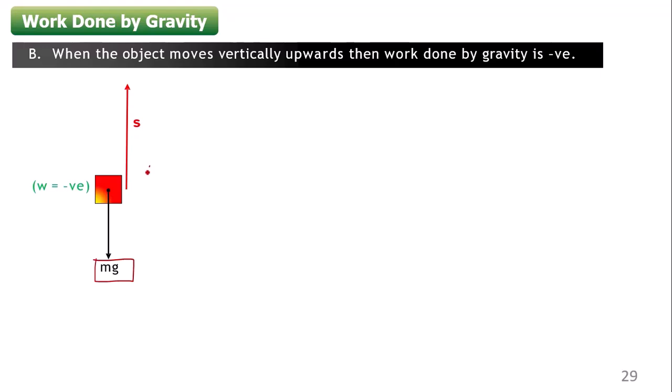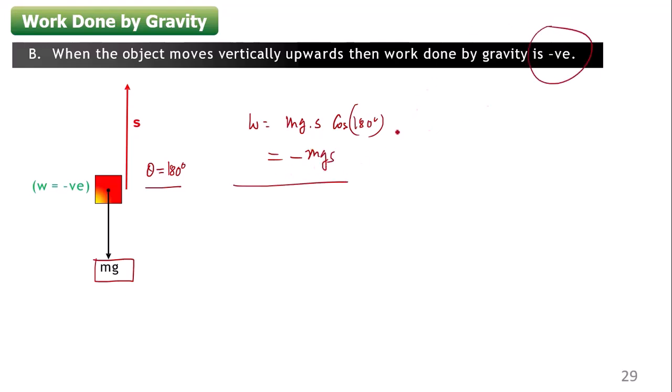For this situation, theta becomes 180 degrees. So work done should be how much? Mg into S into cos of 180, and cos of 180 is minus 1. Ultimately, I am getting minus mgS. So work done becomes negative. Whenever the particle is moving upward, the work done by gravity is negative. If the particle is moving downward, the work done is positive. By whom?